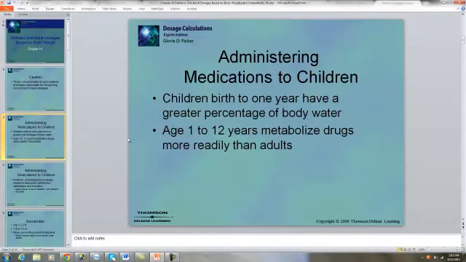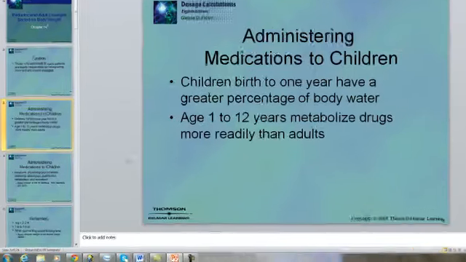When you administer medications to children, you need to remember that children from birth to 1 year have a greater percentage of body water. And children age 1 to 12 years metabolize drugs more readily than adults.